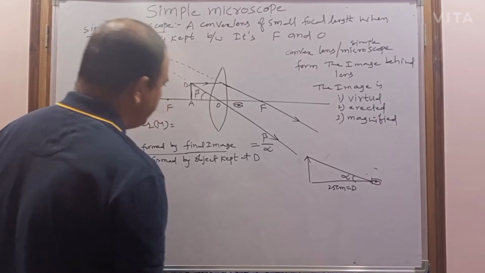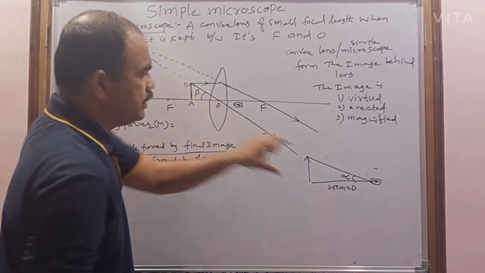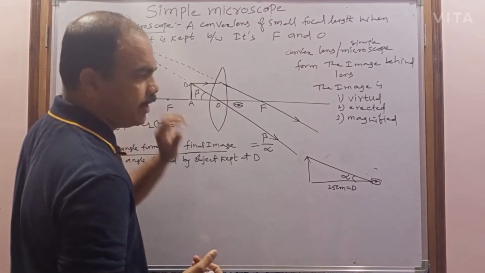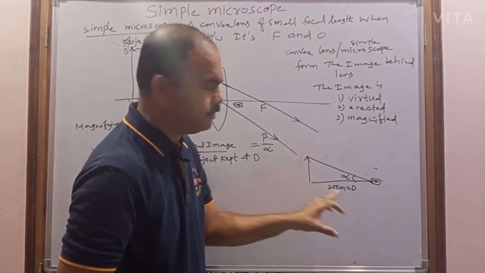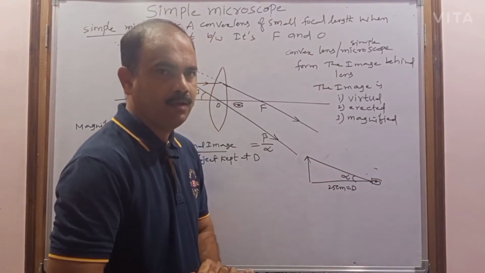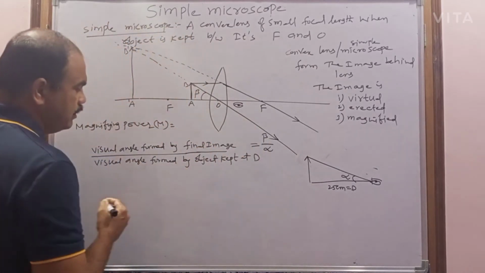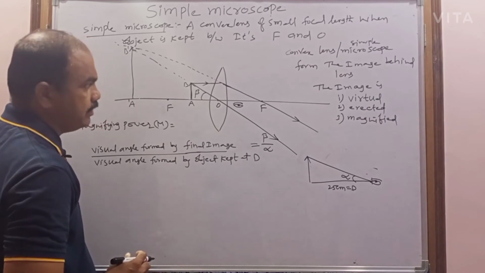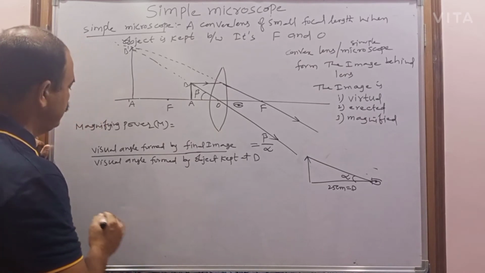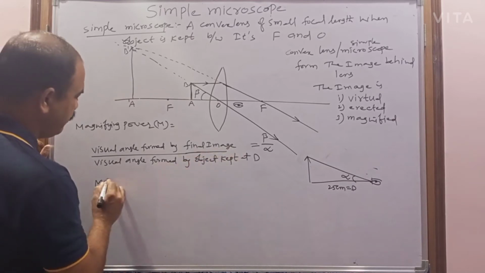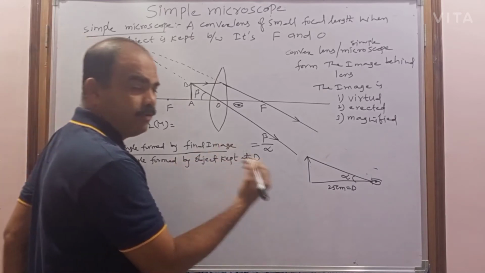Now these visual angles alpha and beta are very small. To find alpha and beta, we take tan alpha and tan beta.